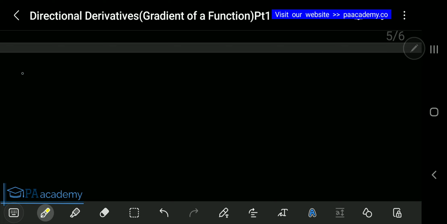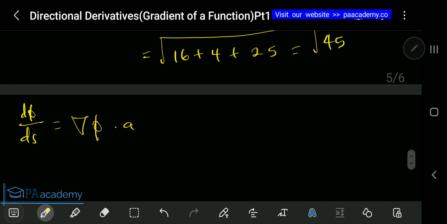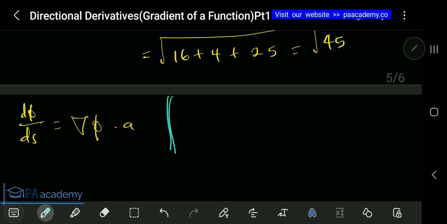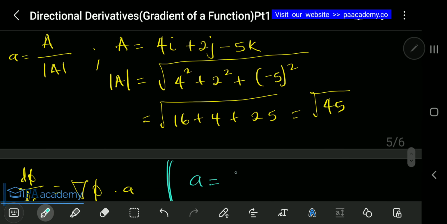The formula, the representation, is equal to the grad of phi, which is the function, multiplied by â. Let's establish our â. Our â is 4i plus 2j minus 5k over the square root of 45.